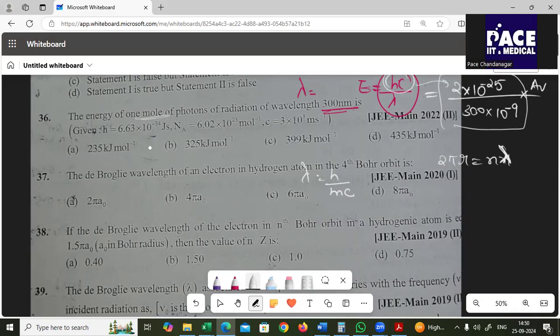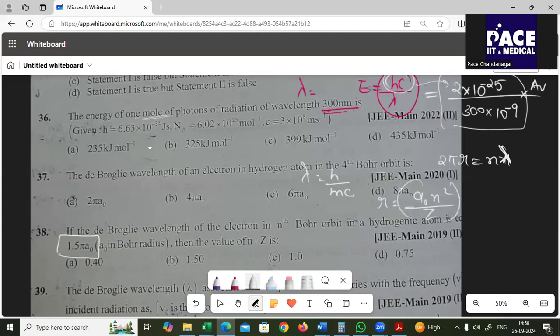Then 38. If the de Broglie wavelength of the electron in the nth Bohr orbit of a hydrogen atom is equal to 1.5 pi a naught is given to us. So the radius we know as a naught times n square by z, right?